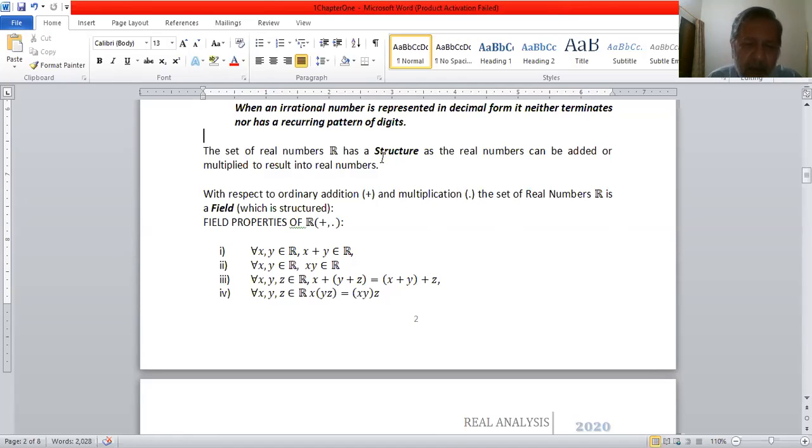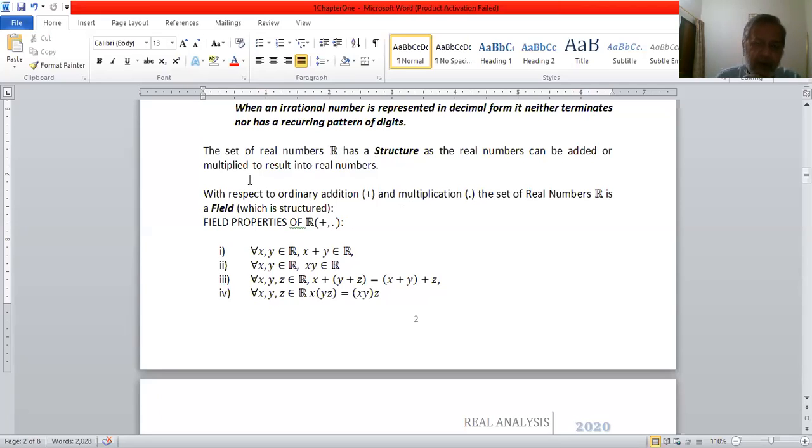Structure in its simplest form is a set with some operations defined in it. So we say that the set of real numbers has a structure because you can add real numbers to get other real numbers, you can multiply real numbers to get other real numbers, and this term structure, a set of real numbers is structured, इस सेंस में इस्तेमाल हुआ है.